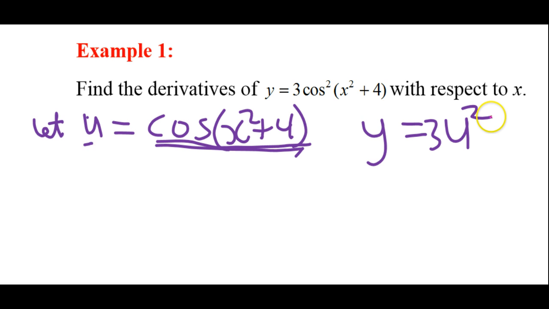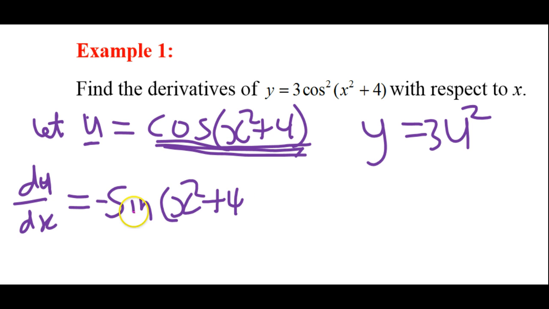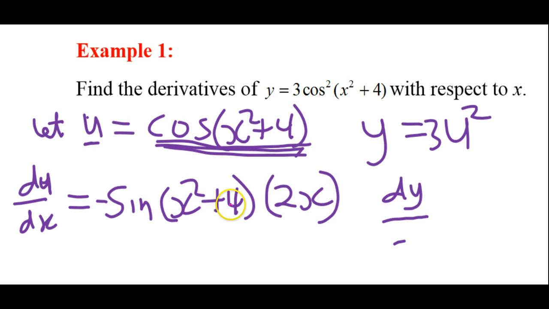Now when I differentiate u with respect to x, I'm going to get negative sine into bracket x squared plus 4. Then I'll differentiate within, which is 2x. Then here I can differentiate dy du also as 6u to the power 1.